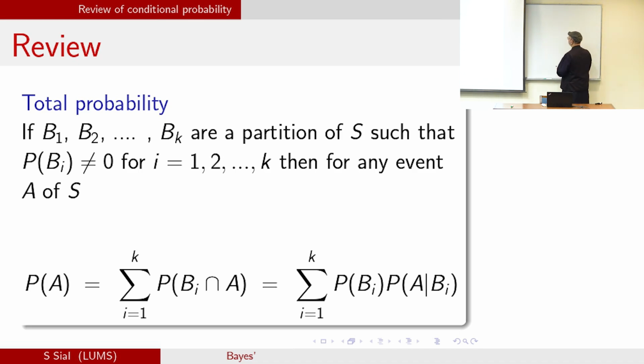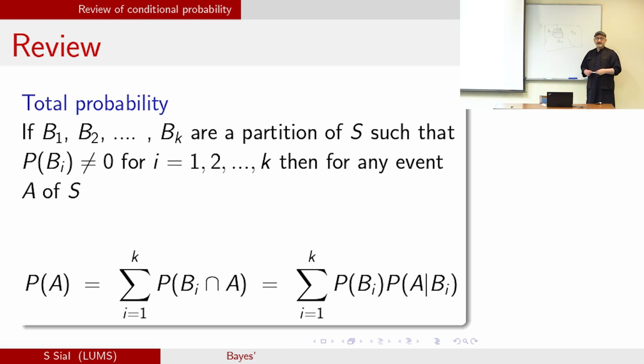Right, so let's say we have a set S, and it's got a B1, a B2, and a B3, and then we have our A. Well, we say, what's the probability of A? Well, we can break it up into pieces. It's the probability of A intersection B1 plus the probability of A intersection B3 plus the probability of A intersection B2.